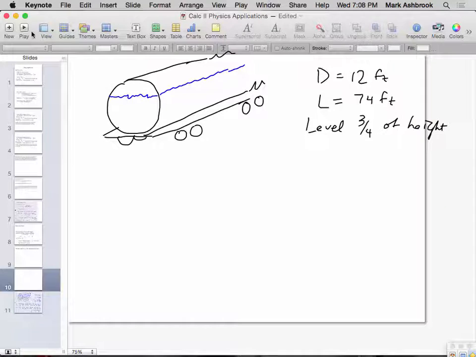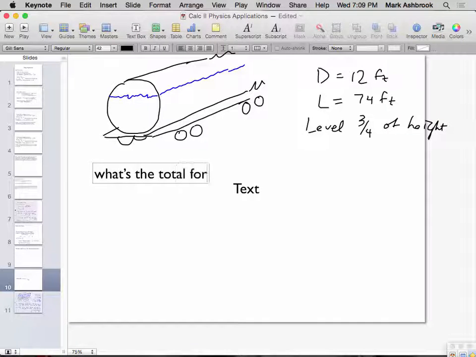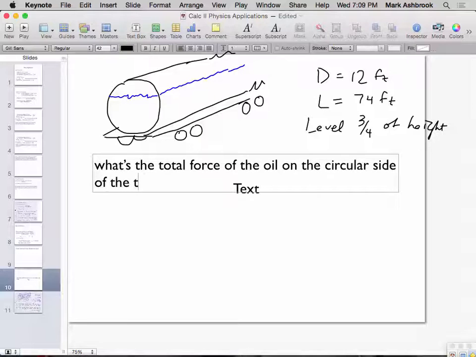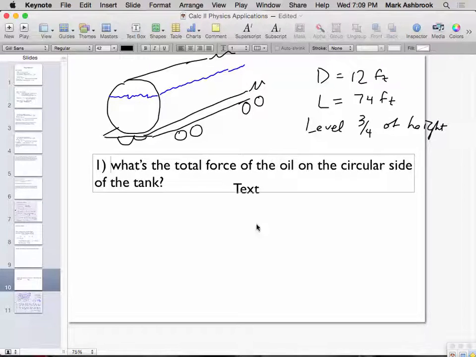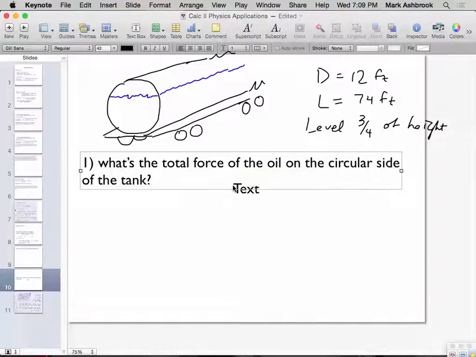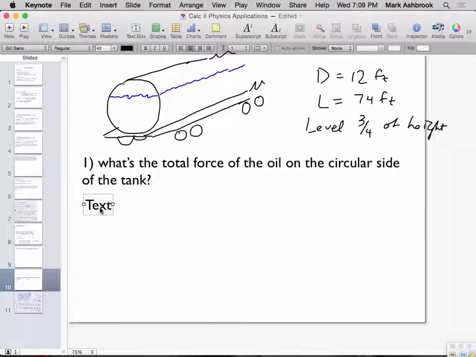Two questions. What's the total force of the oil on the circular side of the tank? So the side closest to you that you're looking at there.